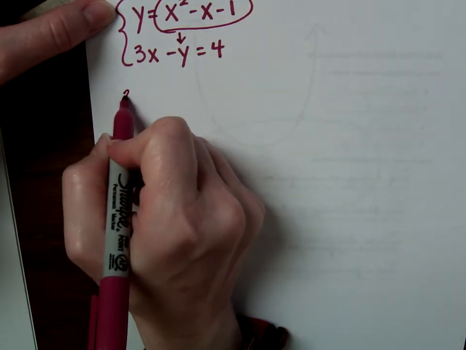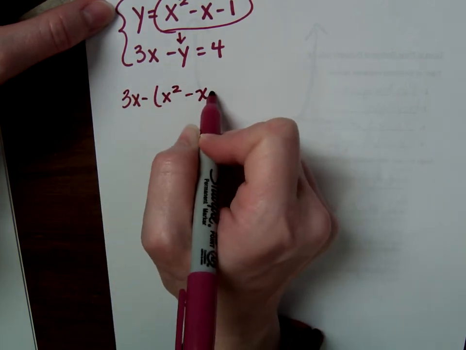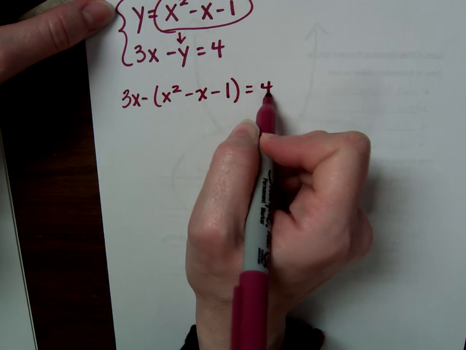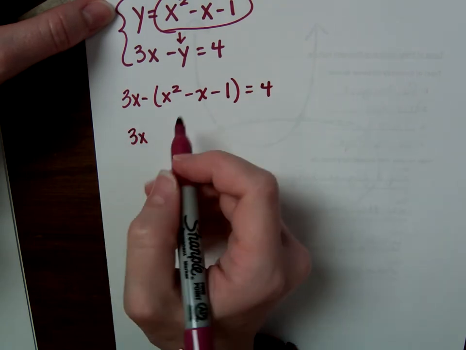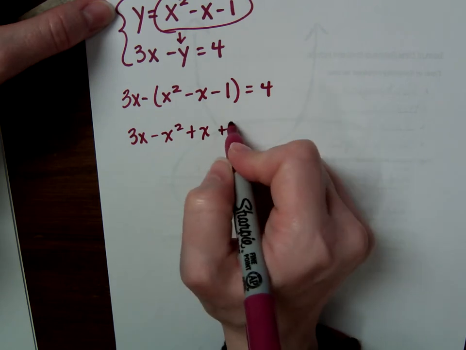So I have 3x minus x squared minus x minus 1 equals 4, which turns into 3x minus x squared plus x plus 1 equals 4.